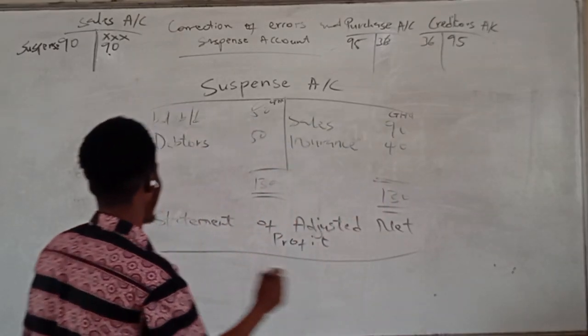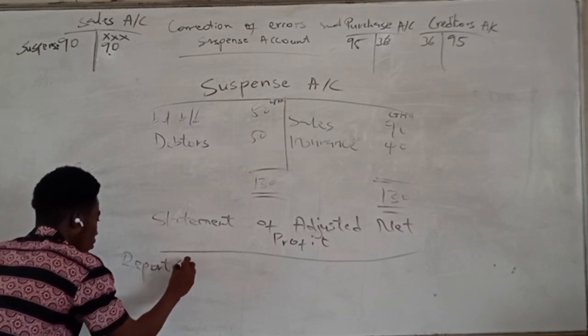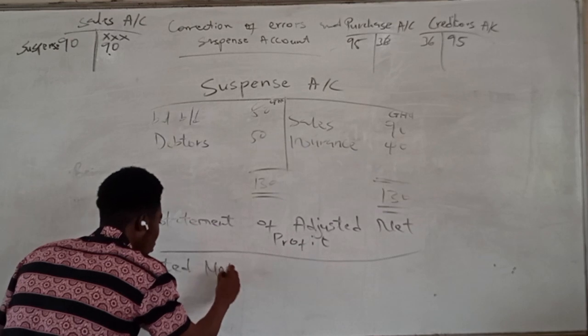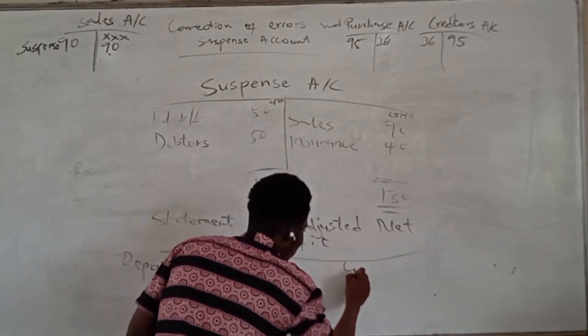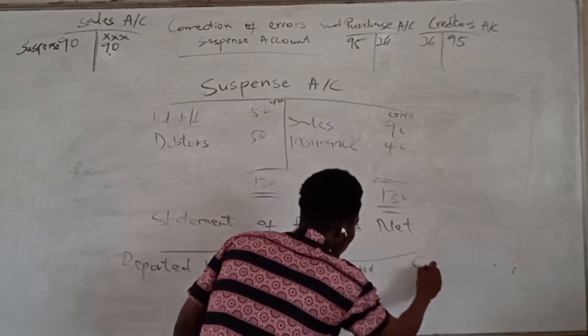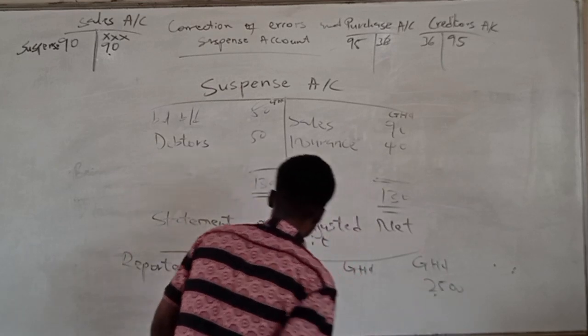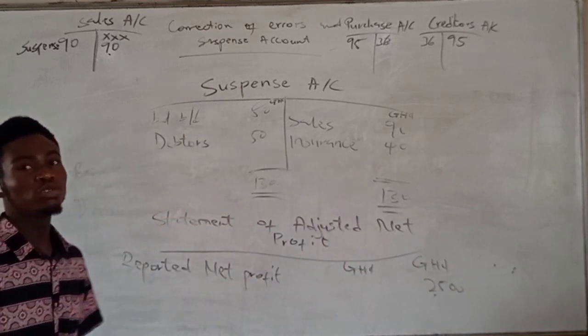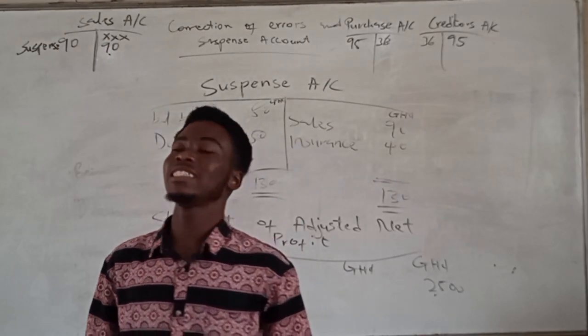So now our reported net profit, which is 2,500. So we are going to add anything that decreases profit and less anything that increases profit.